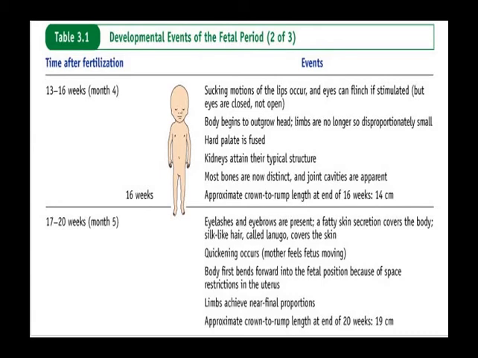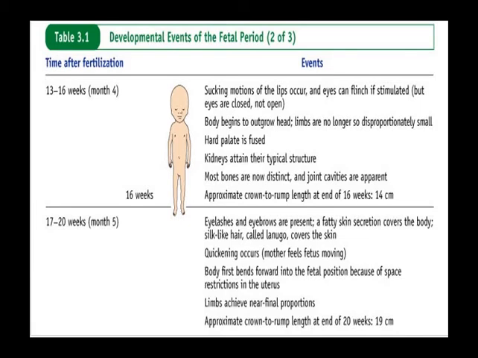Regarding the 5th month, from 17 to 20 weeks, the eyelashes and eyebrows are now present, and the fatty skin secretion covers the body, as I mentioned before. Also, we can see the lanugo hair covering the skin. Quickening occurs now.